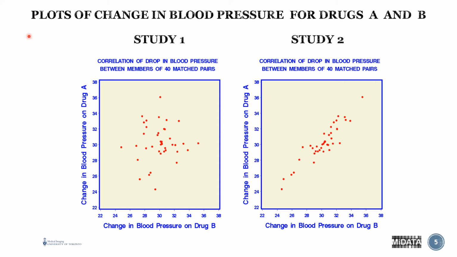In this case, we're plotting the change in blood pressure on drug A on the y-axis and the change in blood pressure on drug B on the x-axis. This gives us a 2-dimensional representation of our data. What we're interested in is the relationship, the association, the correlation of the drop in blood pressure between our 40 matched pairs.